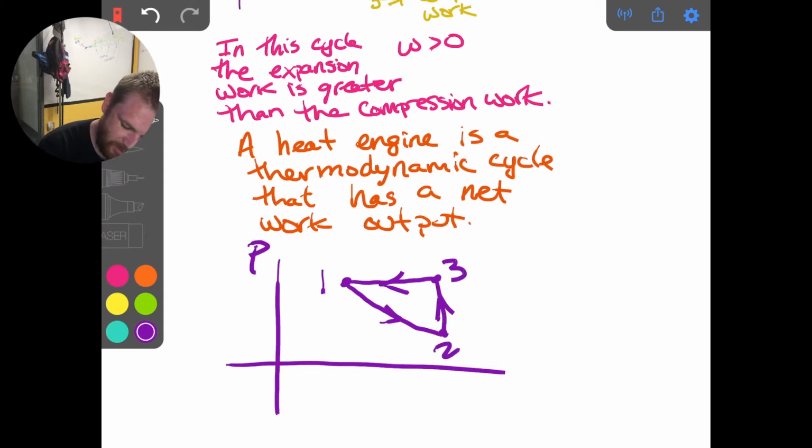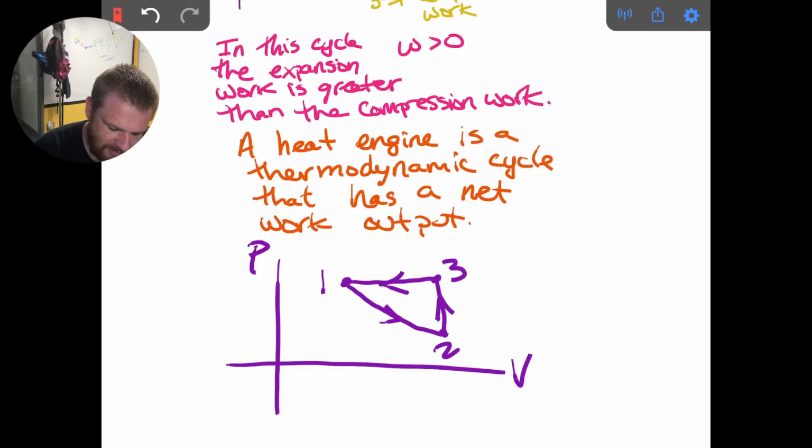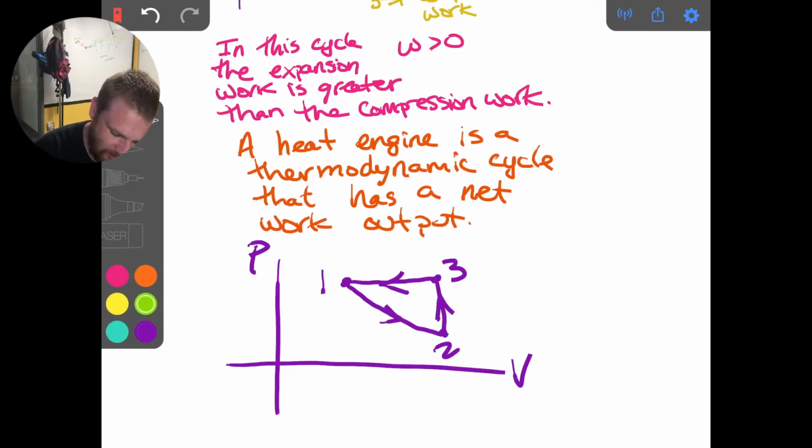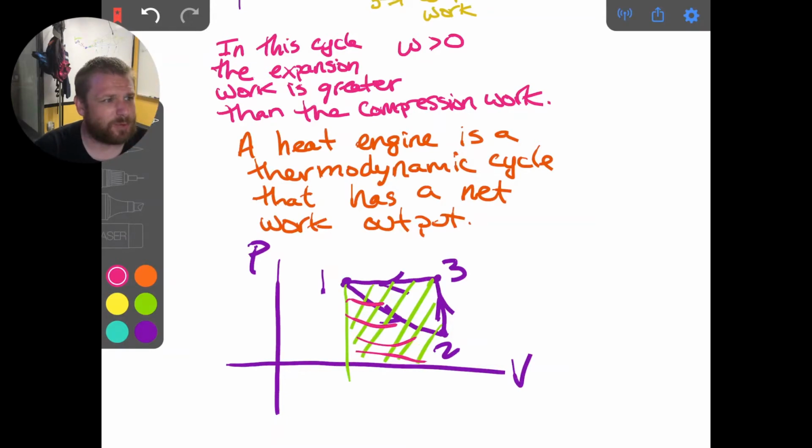So all the other points are the same, but now we are traversing the PV diagram in the opposite sequence. And when this is the case, then now our compression work from 3 to 1 exceeds the value of the expansion work, which is from 1 to 2. So this would not be a heat engine. You've got to put more work into it than you get out.